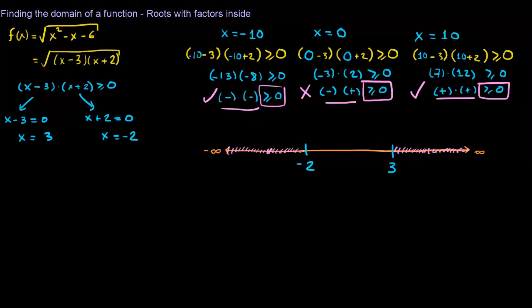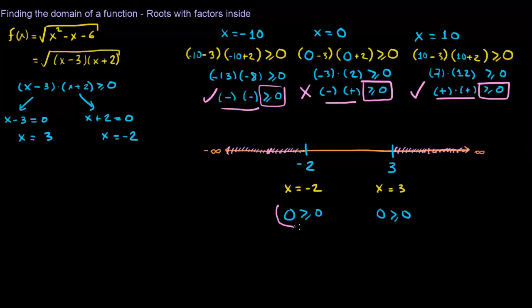Now, I won't be testing the negative 2 and the 3, because I think you should notice by now that if you substitute x equal to negative 2 or x equal to 3 into the statement, you will get a 0 in one of the factors. And in any case the product is 0.